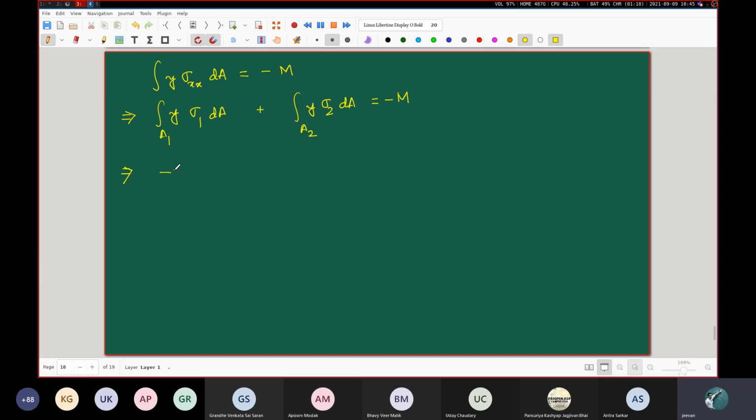So what we will be ending up with is E1 by rho, y square dA. Similarly here, for the second integration, it is E2 by rho, y square dA.